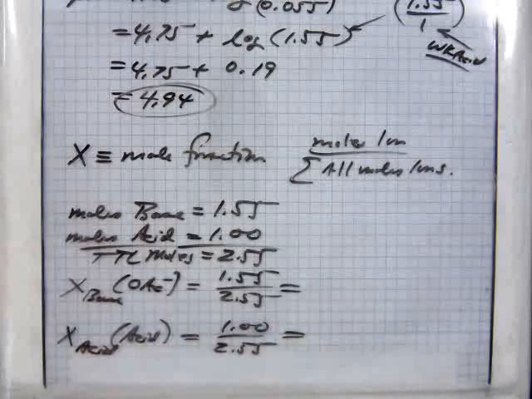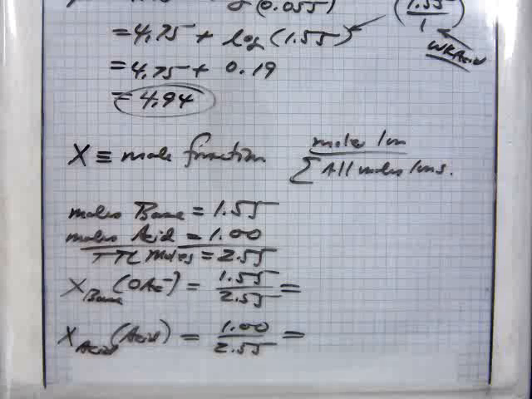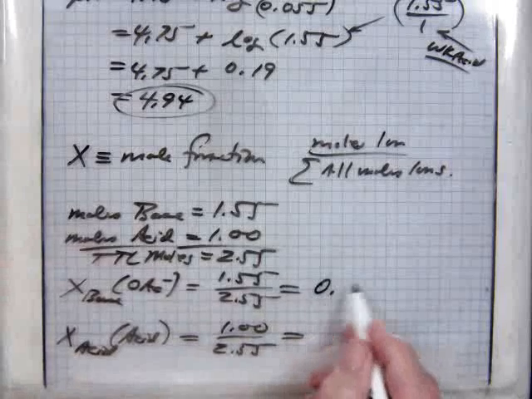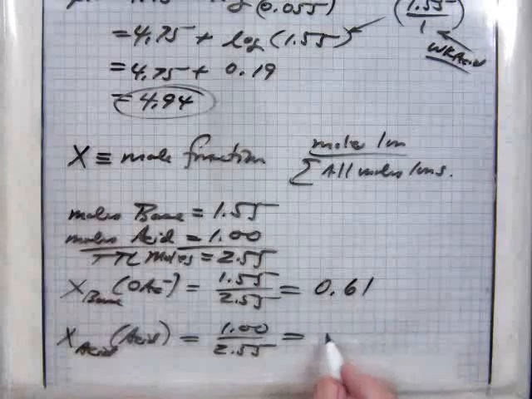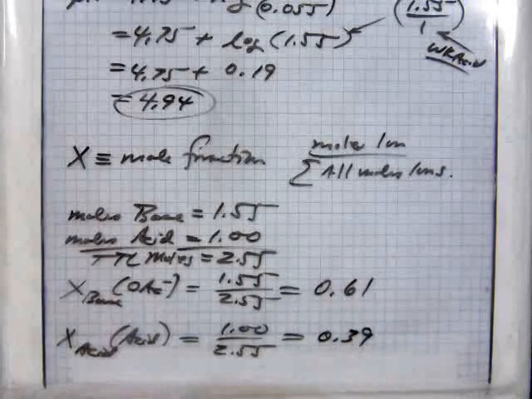It's 1.55 divided by 2.55, and that's 61%, or 0.61, and the other one's 0.39.